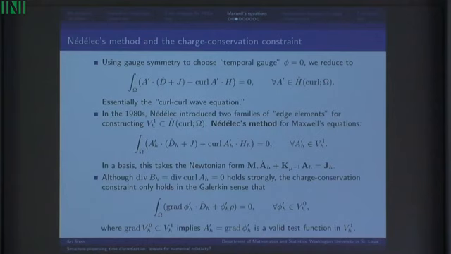So one thing to note is that since the divergence of a curl is 0, div B_h equals 0 automatically holds.